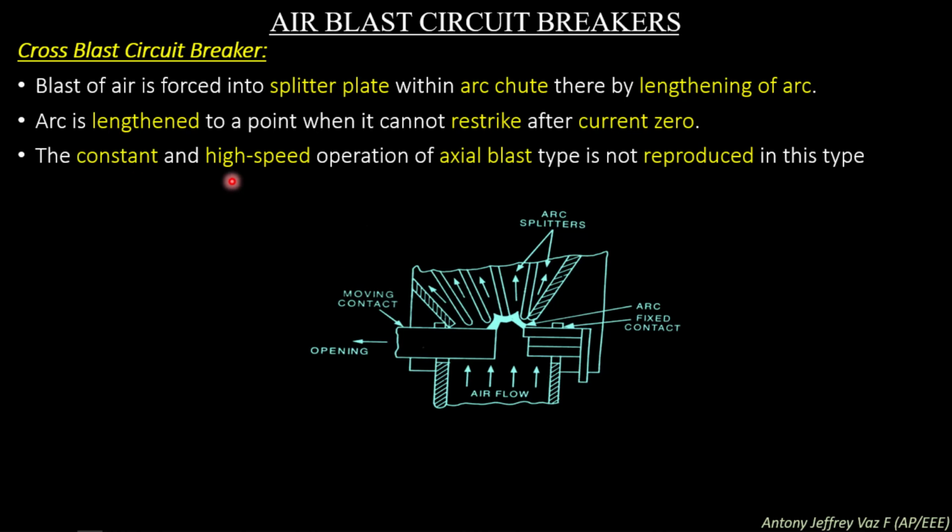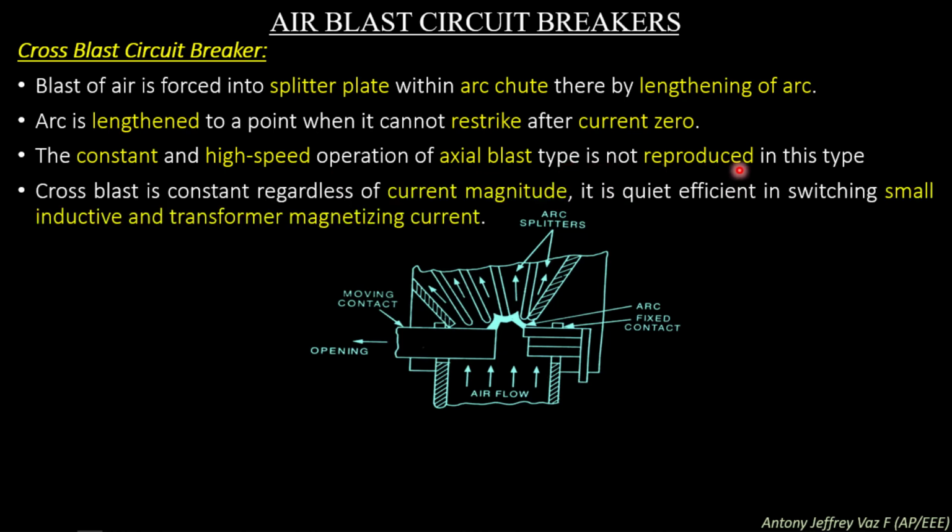The constant and high speed operation of the axial blast type is not reproduced in this. Cross blast is constant regardless of current magnitude. It is quite efficient in switching small inductive and transformer magnetic currents.